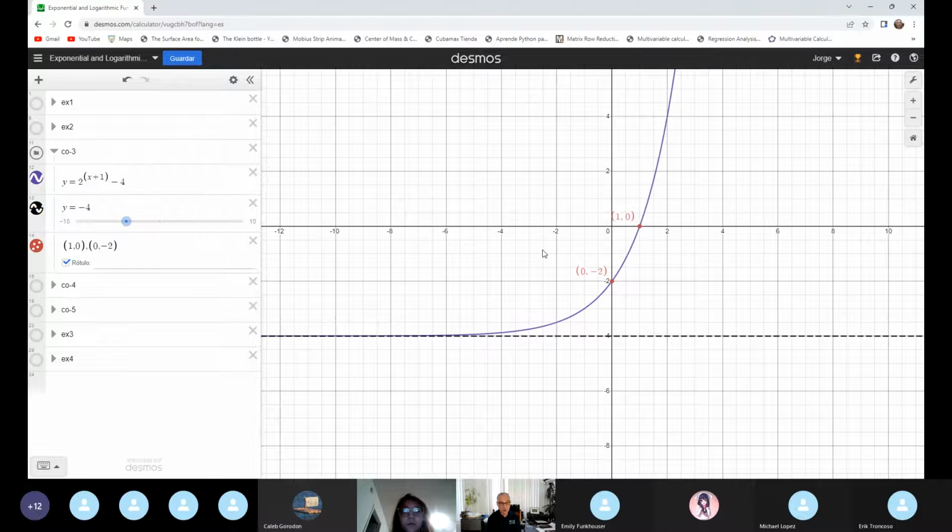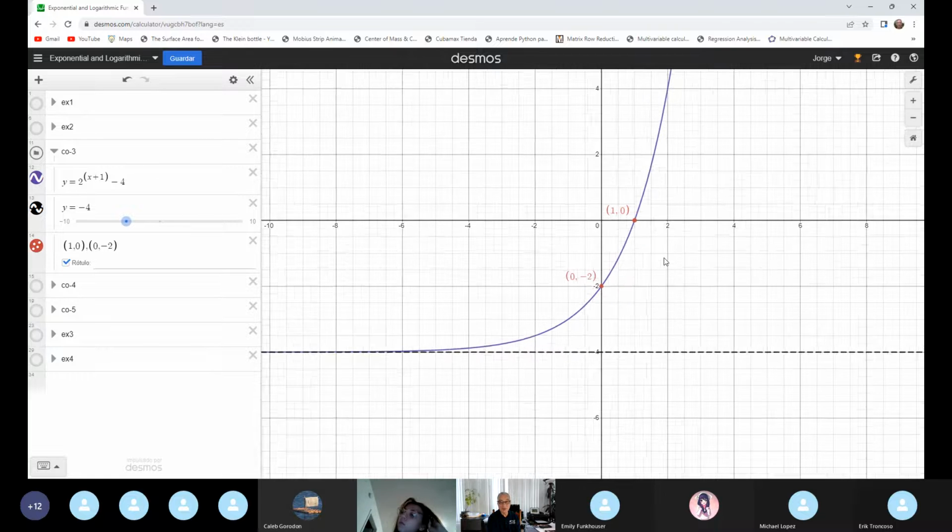Now, when you're moving 4 units down, you're moving the exponential, including its asymptote. Normally, the horizontal asymptote is located at y equals 0, so on the x-axis. But in this case, no. In this case, it's located on the horizontal line y equals negative 4. Do you see this idea? And the famous y-intercept is (0, 2), sorry, and (1, 0), exactly the same we computed before. Cool?